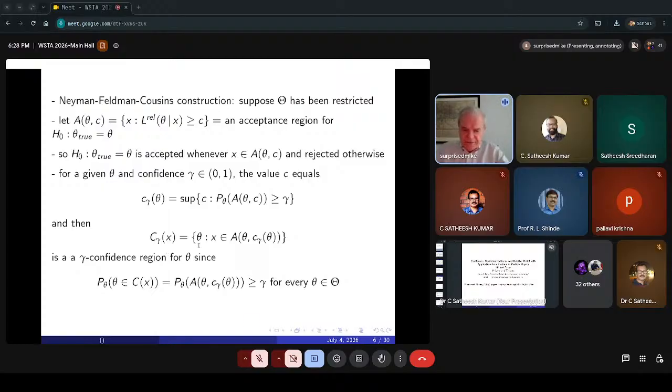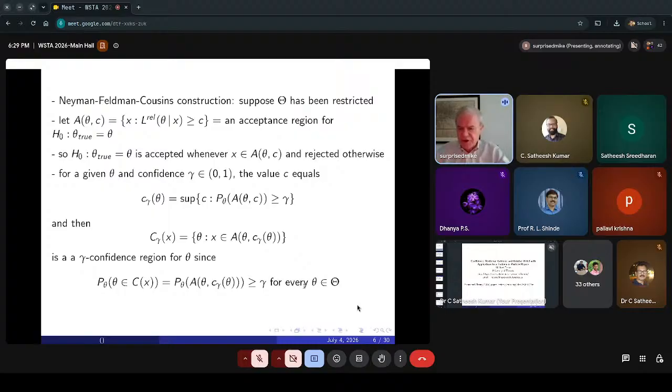It's the set of theta, given data, so that X is in the corresponding acceptance region. And sure enough, if you think about it for a little bit, the coverage probability for this region is equal to the probability that the data is in the acceptance region, which of course is greater than or equal to gamma for every theta. Okay, so that is how one constructs a confidence region for theta using the Neyman and Feldman-Cousins construction.